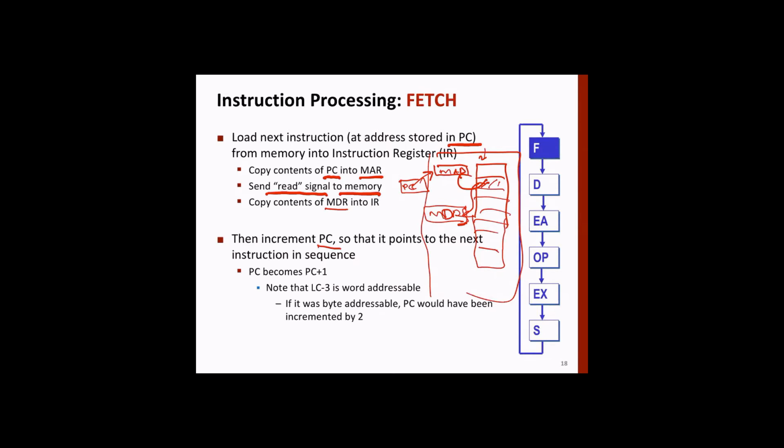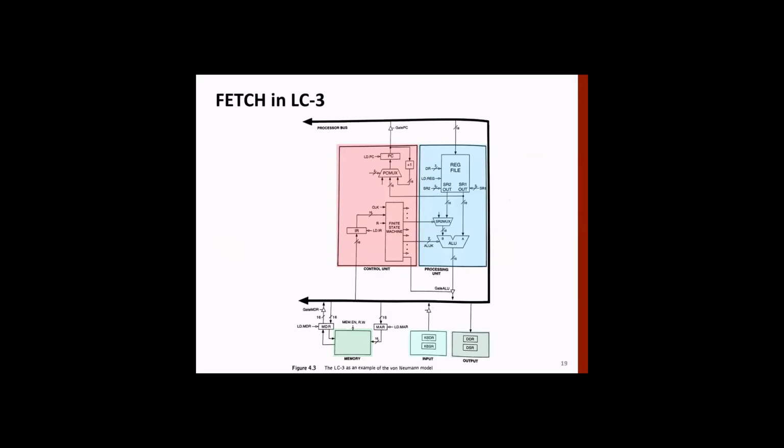Now let's see how it's executed. This is a very simple machine. What is the first step? The program counter is here. Its content has to go to the memory address register, which is here. How will the contents go? We'll have to give a control signal here.